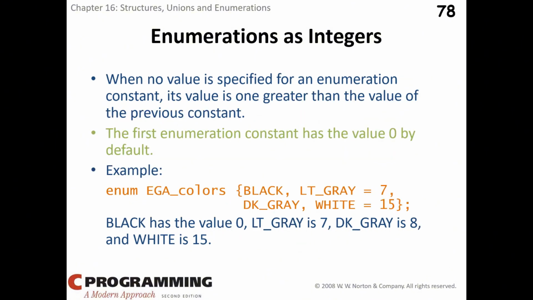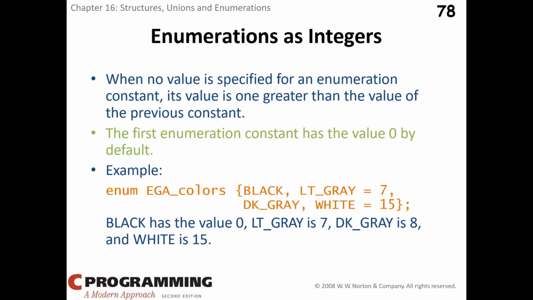In C, when you don't specify a value for an enumeration constant, it automatically gets assigned a value that is 1 greater than the value of the previous constant. We can see this in the example here. Black is implicitly assigned the value 0 because it is the first enumeration constant, and light gray, or LT gray, is explicitly assigned 7.